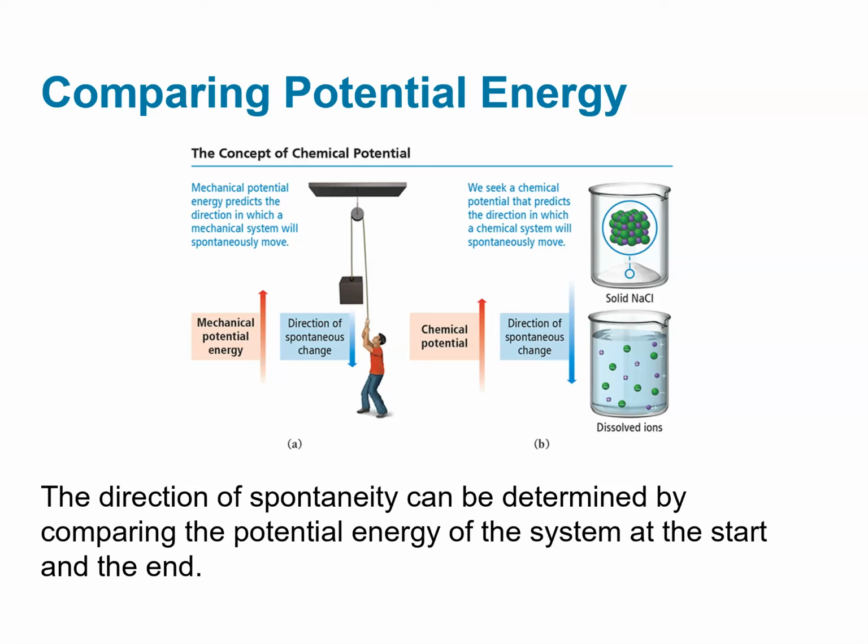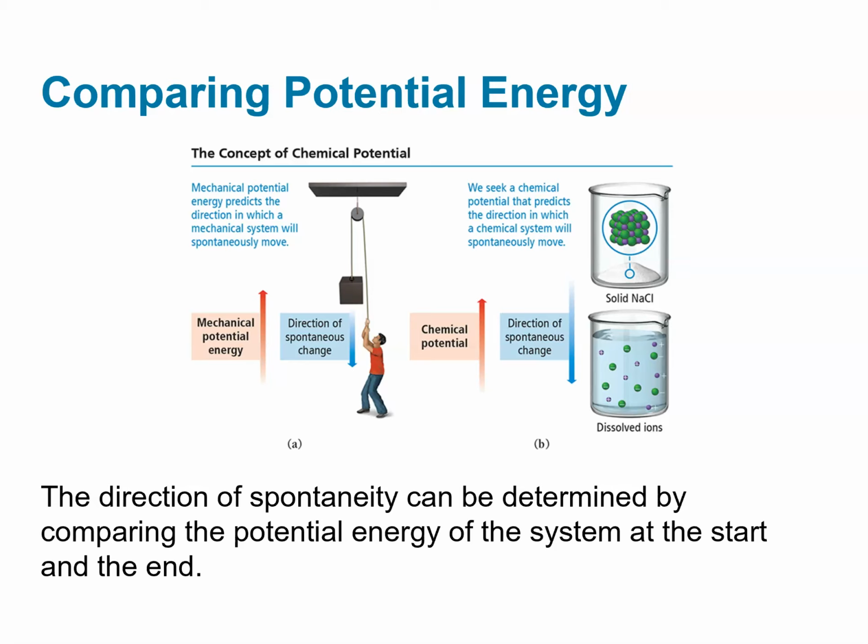Now, the example here that we're looking at on the right side, on top we have solid sodium chloride in its crystalline form, and then we put it into water and it dissolves, where the crystalline form separates, and each of those cations and anions, instead of interacting with each other in ionic bonding fashion, now are interacting with the partial positive and partial negative charges of the water.